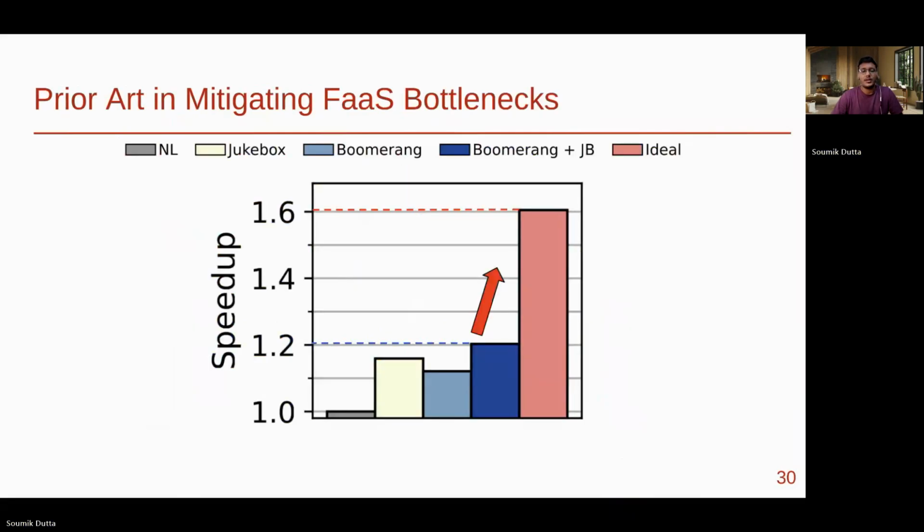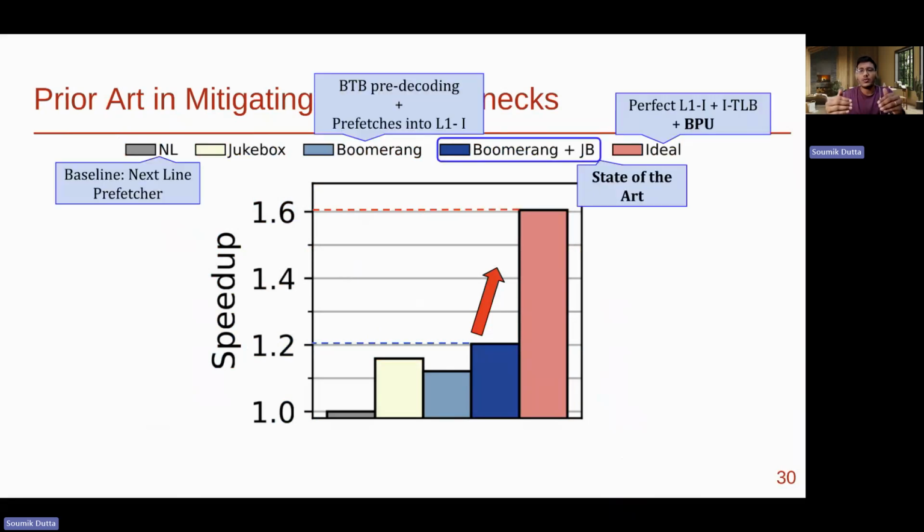Here the authors first tried to analyze the performance of the state-of-the-art prefetchers like Jukebox, as we discussed just now, against the ideal case. Here the ideal case means perfect L1I, ITLB, and BPU, where nothing is getting flushed out. And here Boomerang is also there.